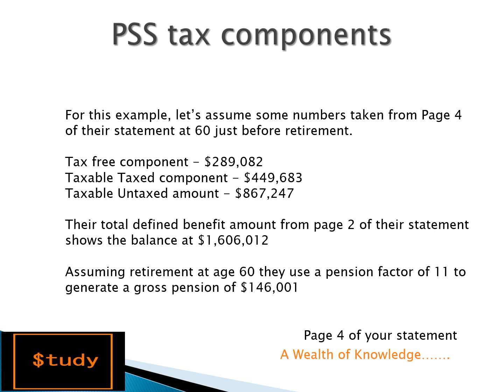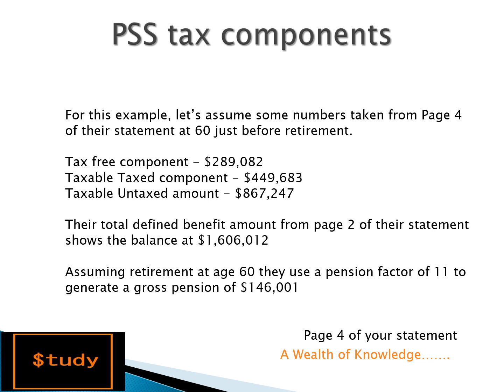On page 2, we look at their total defined benefit amount, which shows $1,606,012, which just so happens to be the sum of the 3 tax components. So they've got a lump of money of $1,606,012. They are the age of 60, looking to retire.